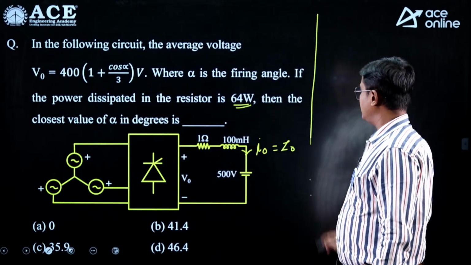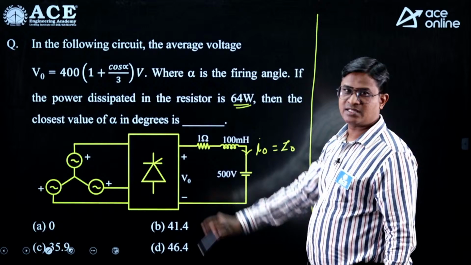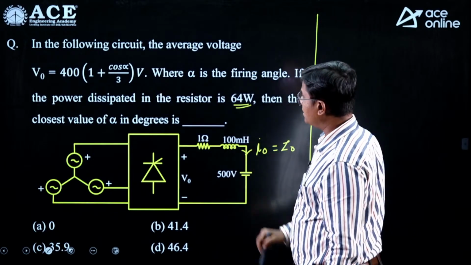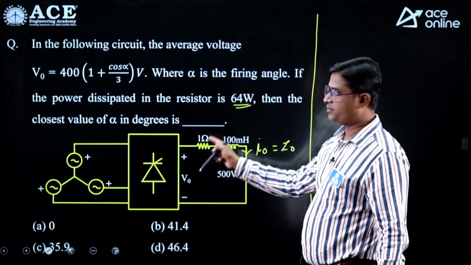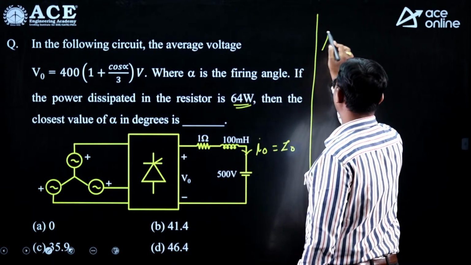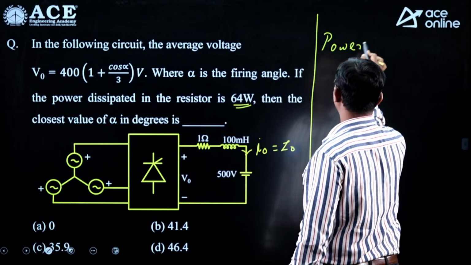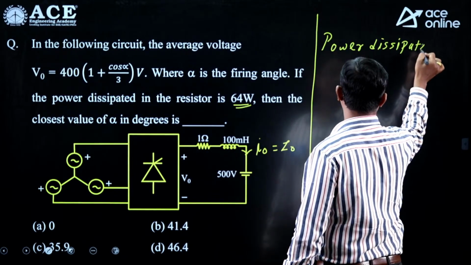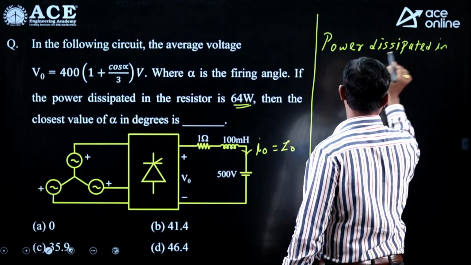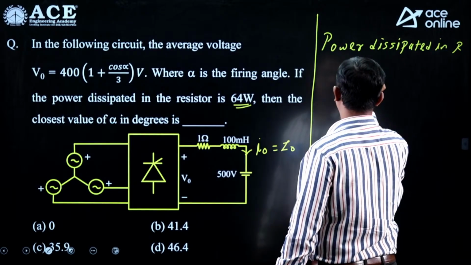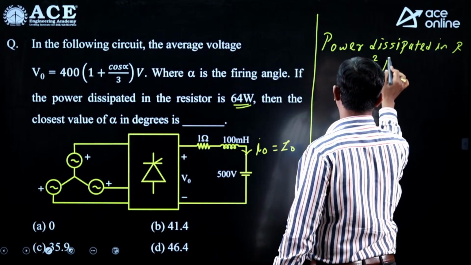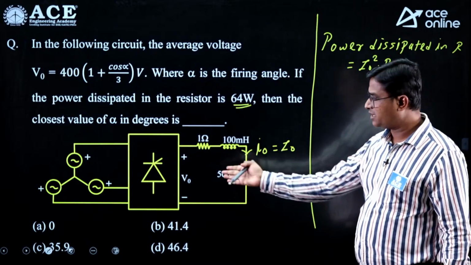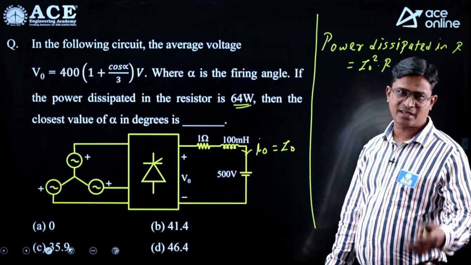Now here the V0 average expression they have given. So first thing is, power dissipated in the resistor of 1 ohm is 64, right? So power dissipated in a resistor R is equal to I0 square into R. Actually it is I0 RMS square into R, but load current is constant, so I0 RMS is nothing but capital I0.